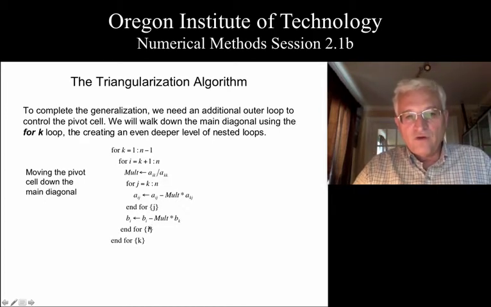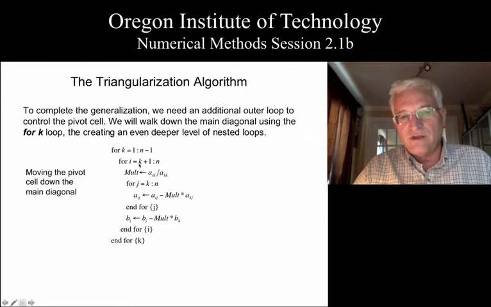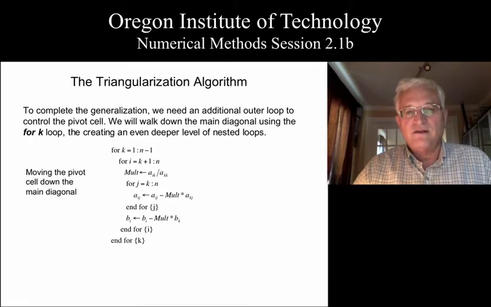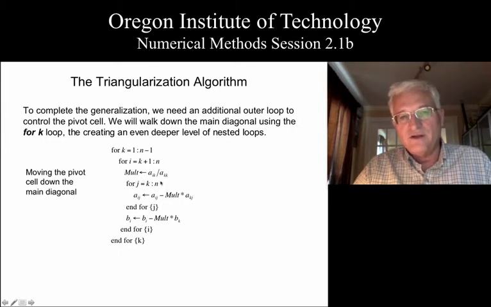But after we go through and compute all this, then the next time through, k is going to be equal to 2, which means i is going to be equal to 3, and we're going to be taking the ratio between a 3,2 and a 2,2. And that's exactly what you would expect if you were changing the role of this pivot location to be 1 down and 1 to the right.